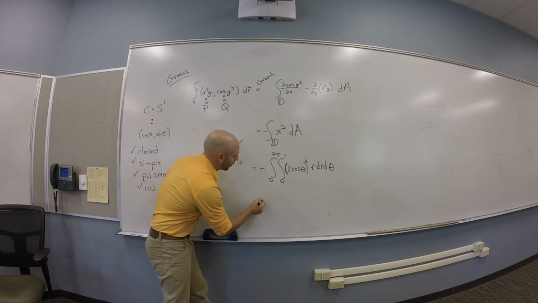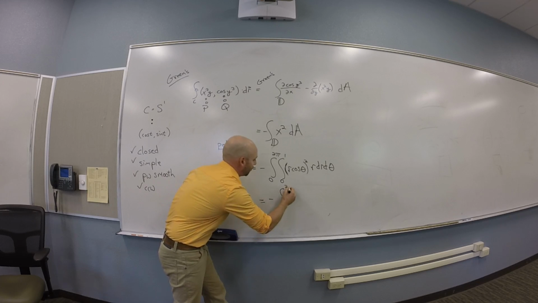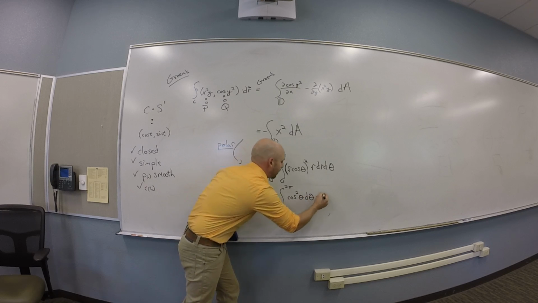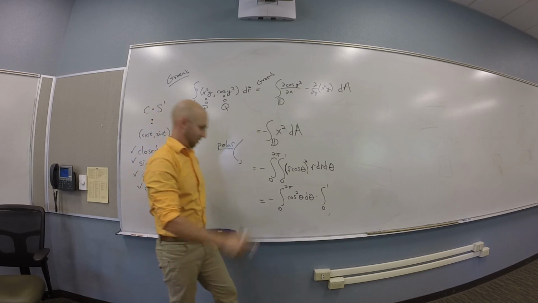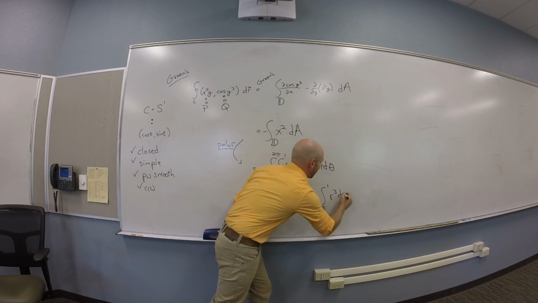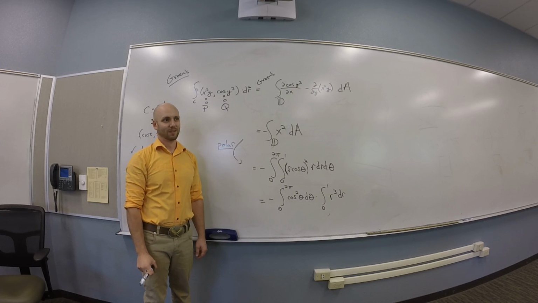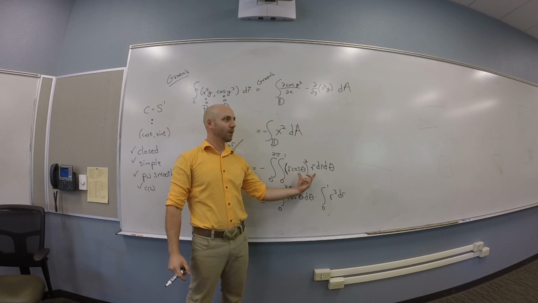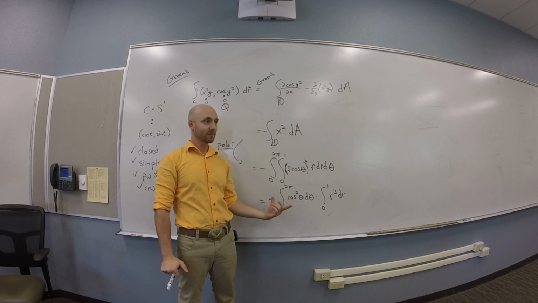So you should get minus the integral from 0 to 2 pi of cosine squared theta d theta times the integral from 0 to 1 of r cubed dr. You see I pulled that trick, the double integral trick, where I had a product of two functions, one that only depended on r and one that only depended on theta, and so I took them apart.